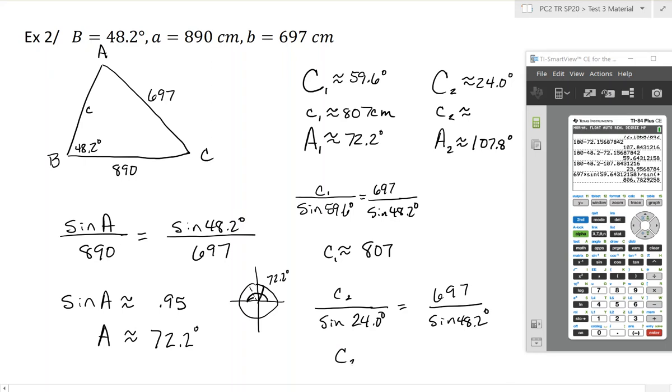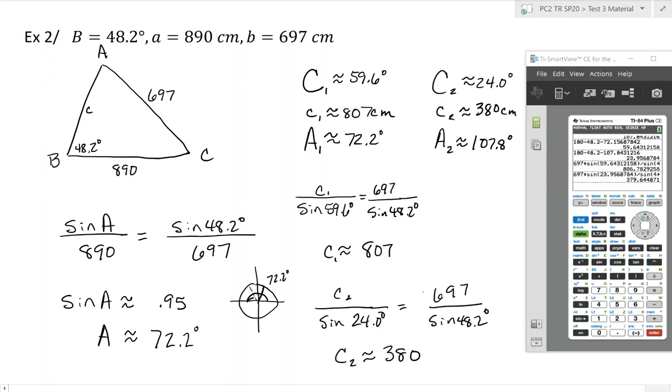So I need to take 697, multiply it by the sine of, use the one that's in your calculator, the 23.9568784, and divide it by the sine of 48.2. And I'll get about 380. So c sub 2 is 380 centimeters.